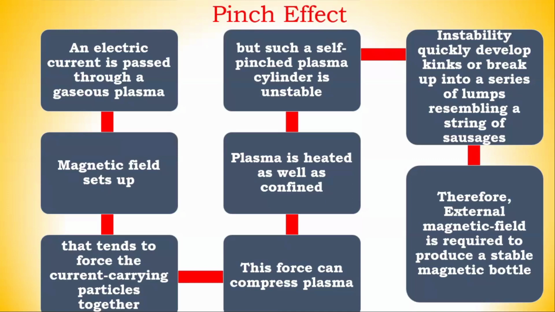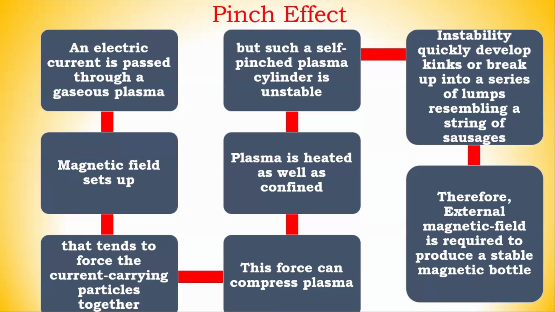So therefore, in order to avoid this pinch effect, the plasma cylinder is kept in an external magnetic field which is higher than the magnetic field produced inside the plasma cylinder, right?